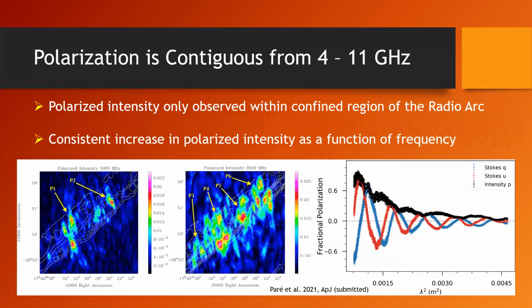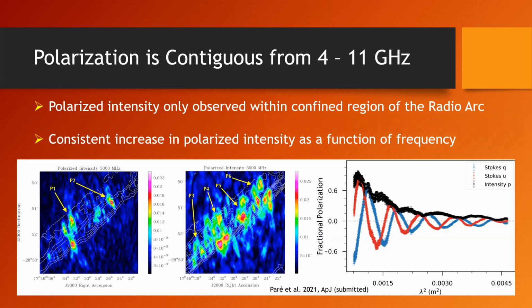And one of the key advantages of this ATCA data set is that it covered a large frequency range from 4 to 11 gigahertz, and it did so contiguously with a 2 megahertz frequency resolution. And so this large frequency range and high spectral resolution allows us to do more sophisticated modeling of the Faraday effects observed along the line of sight.